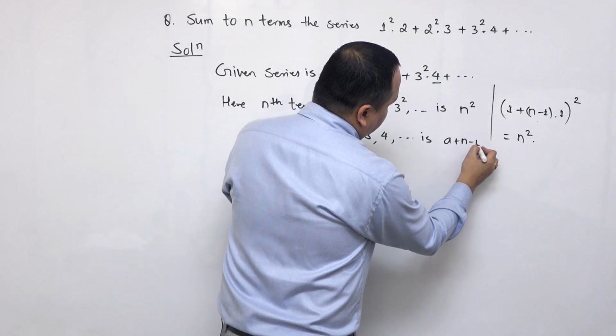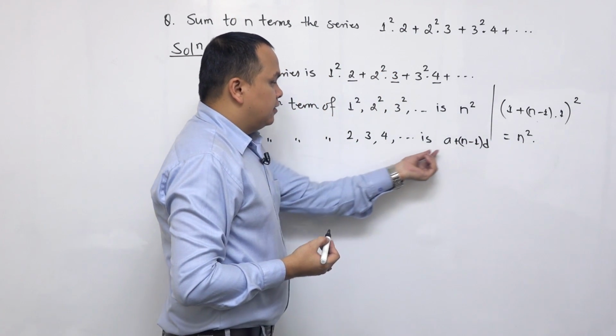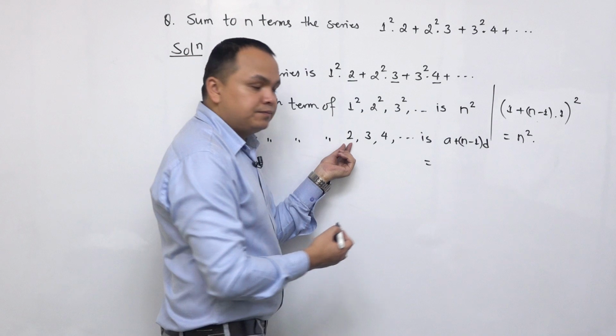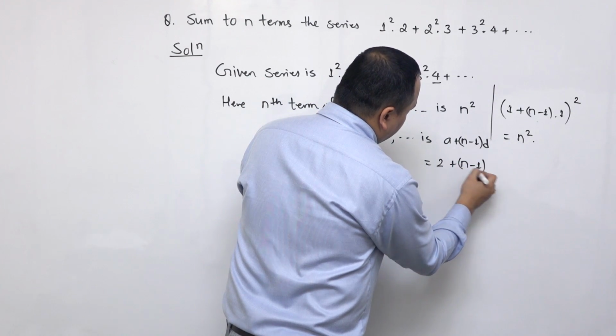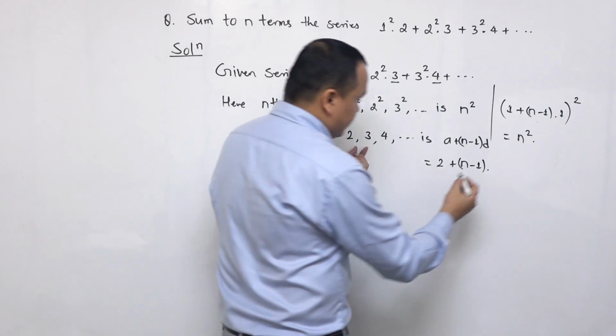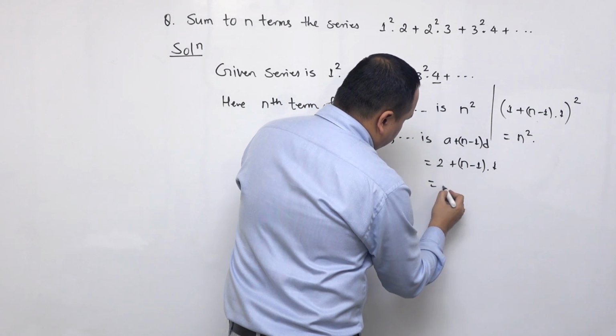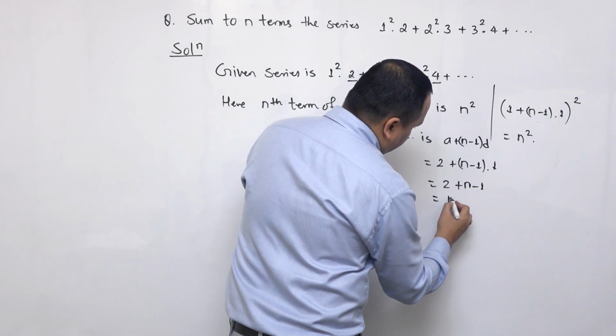Here our a is 2, then 2 plus n minus 1 times d, d is again common difference, which is 1. So this is 2 plus n minus 1 and this is n plus 1.